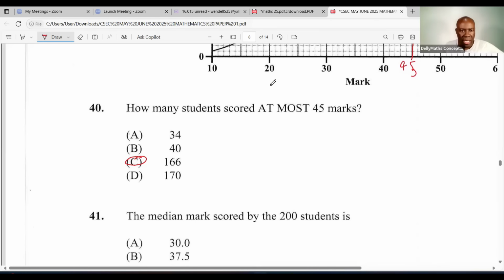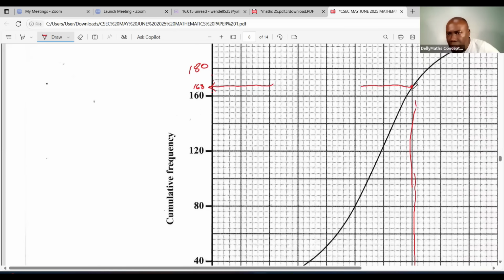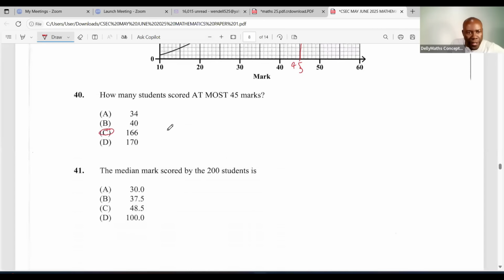The reason is that we didn't reach the second line, but we are almost there. You know that it's less than 168, but it is right there. So yes, 166 is perfect.